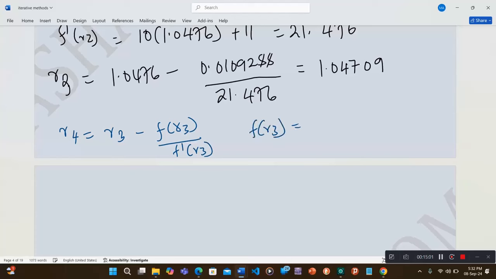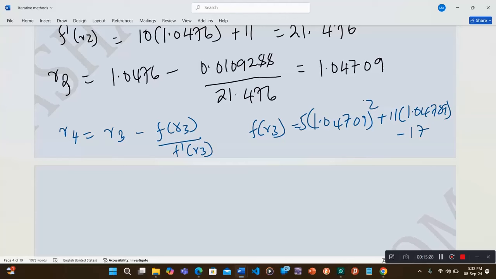This is the same as 1.04709 squared, times 5, plus 11 times 1.04709, minus 17.